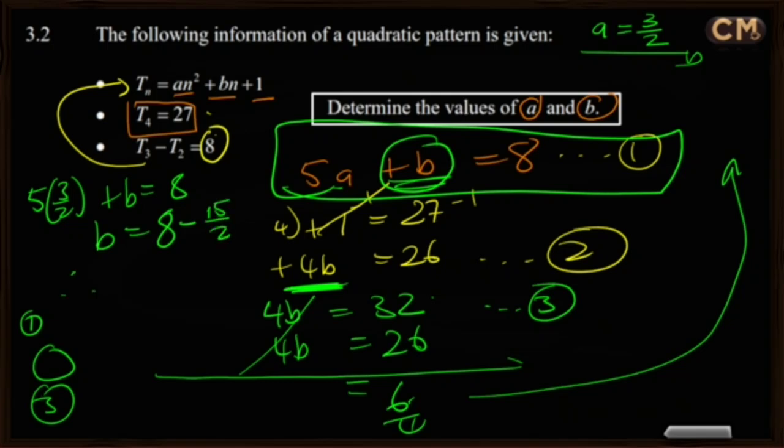Therefore, b is just equal to 1 over 2. Check that with a calculator. That was messy but good.